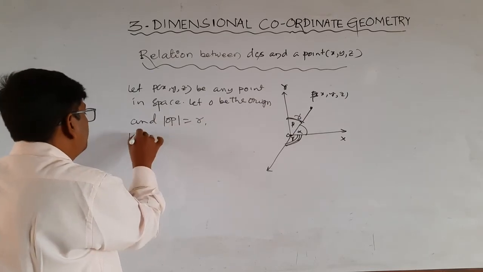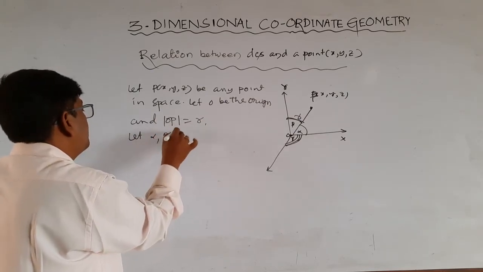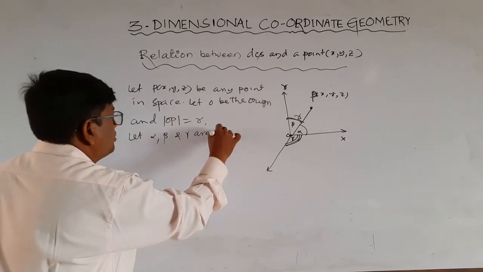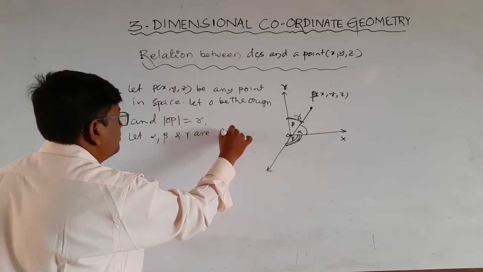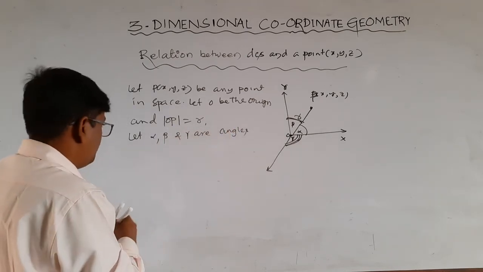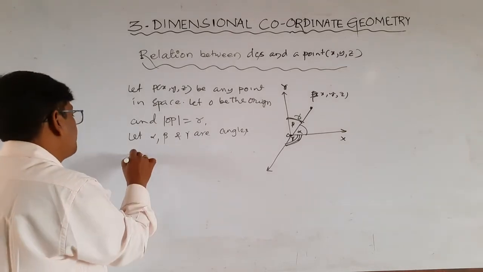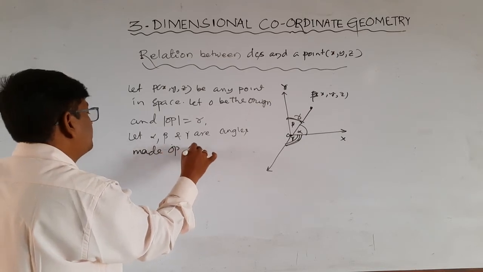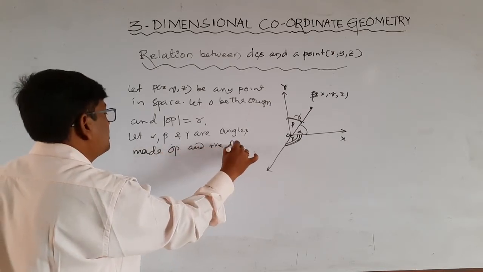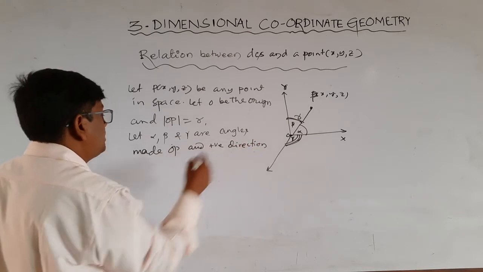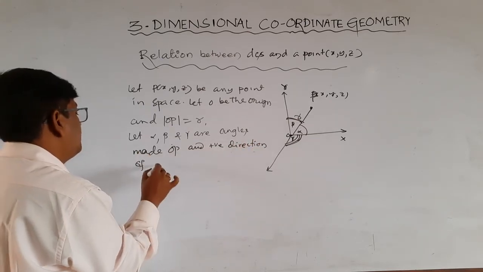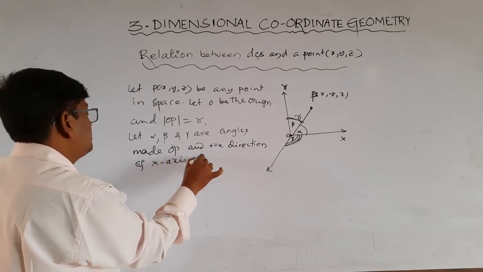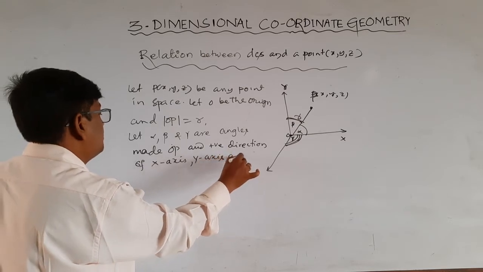Let alpha, beta and gamma be the angles made by OP and positive direction of the coordinate axis, that is x axis, y axis and z axis.